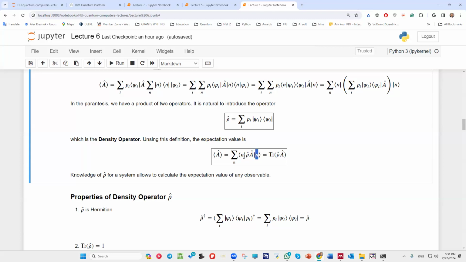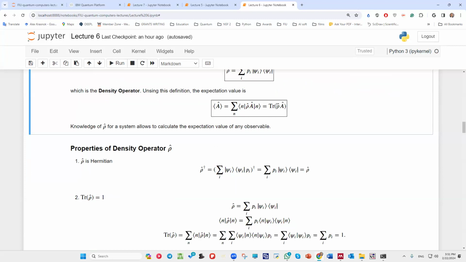So it's taking the diagonal components of this operator rho A. And summation over all the diagonal components is denoted by the trace. So the trace of an operator is the summation of all diagonal elements of the operator.